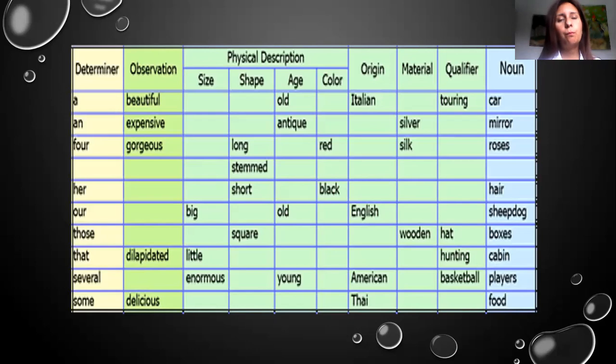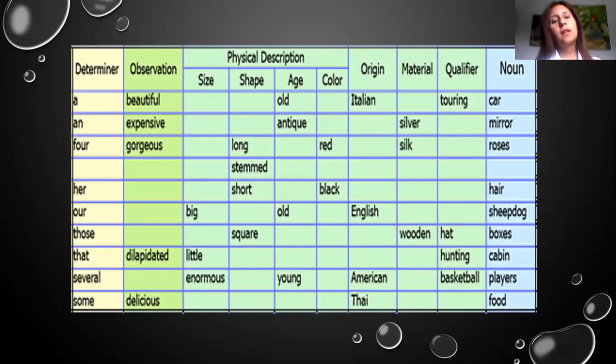Okay, typically the noun phrase where you have the determiner. There could be a, for, her, those, then adjectives, taking into account an observation and maybe an opinion. It's a beautiful, expensive, gorgeous, okay, delicious.